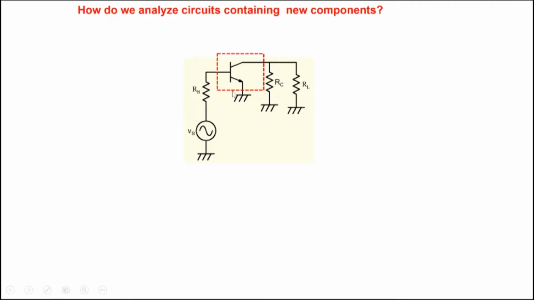So what if we could take the transistor and represent it in terms of circuit elements? Some kind of a model here consisting of dependent sources and resistors and capacitors. Then we could take the transistor out, substitute it here, and thereby analyze the circuit. We'll see what kind of a representation a transistor may have towards the end of the lecture here.